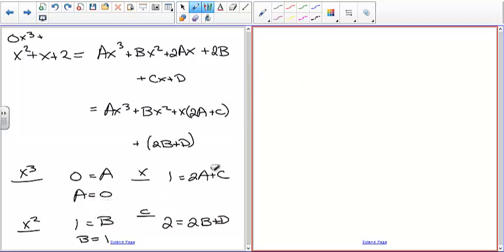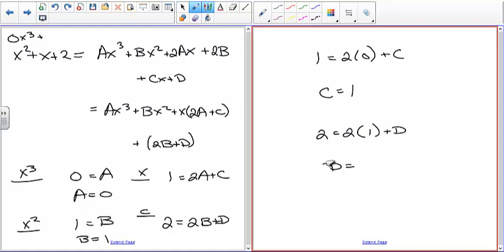Because a is 0 and b is 1, we could put 0 in here for a, for the x part. So we get c is equal to 1. And then the last one, you get 2 is equal to 2 times b, b is 1, plus d. So you get d is equal to 0.